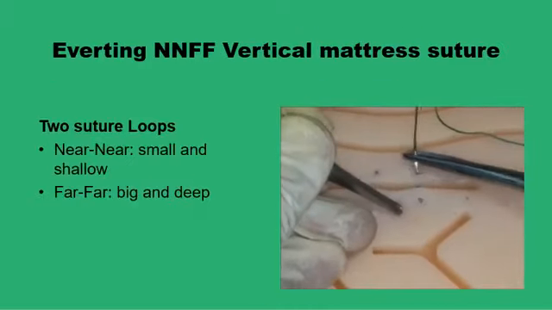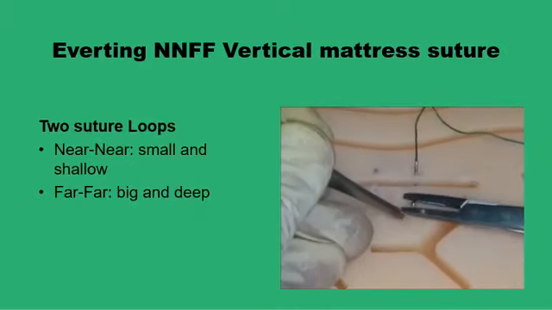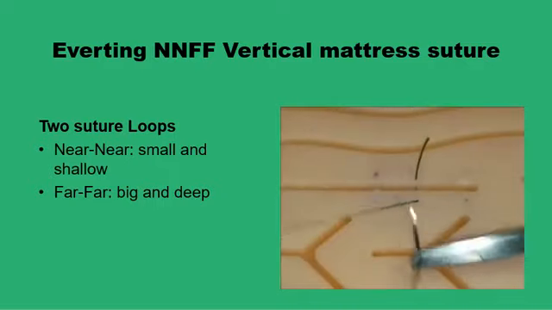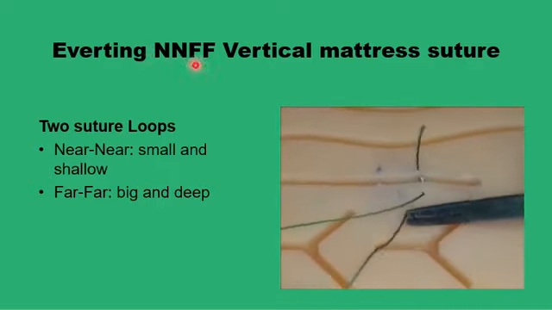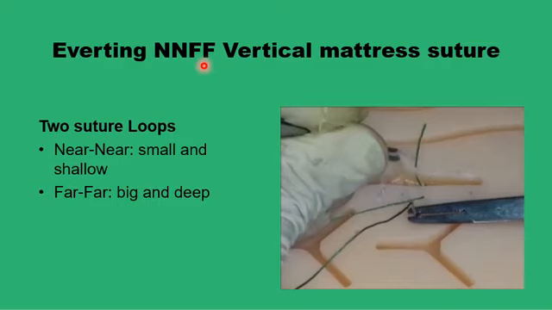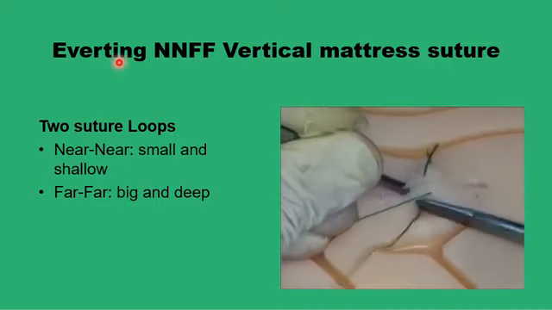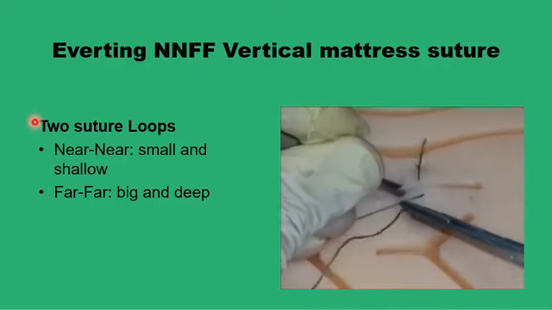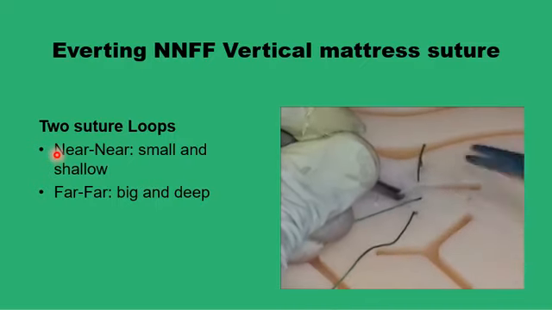One other version of the vertical mattress suture that can again cause eversion of the skin edges is the near-near, far-far vertical mattress. Here we have the two suture loops connected. Start with the near to the near.